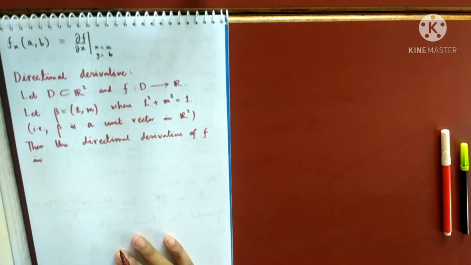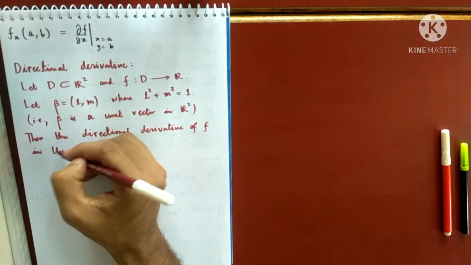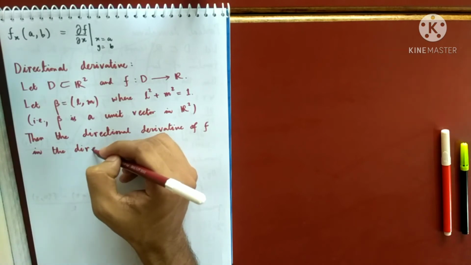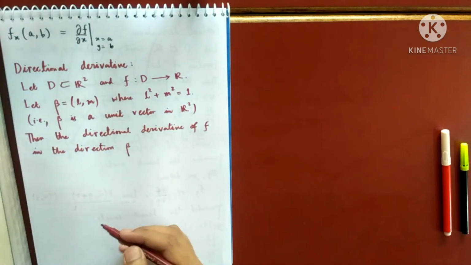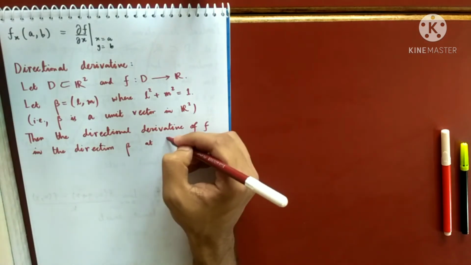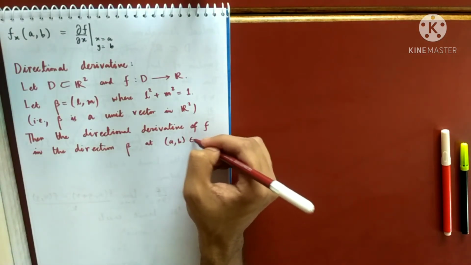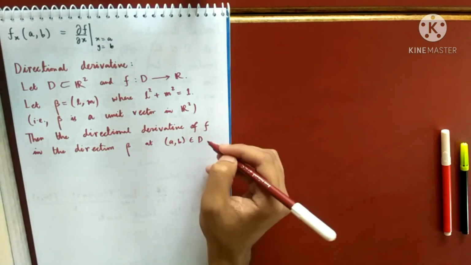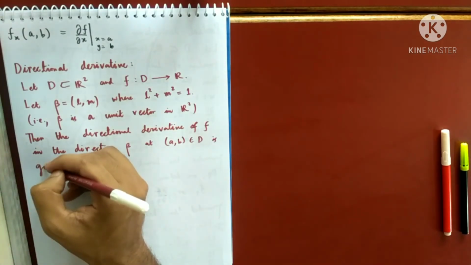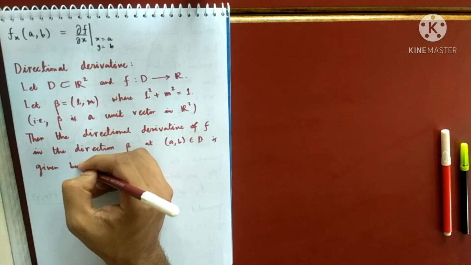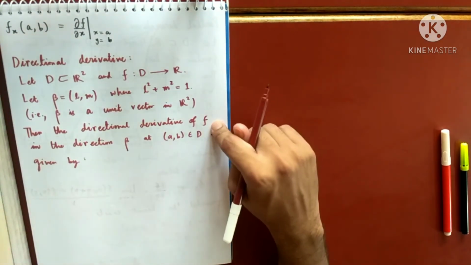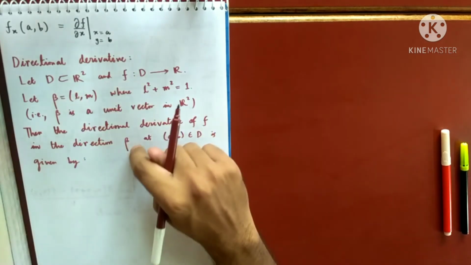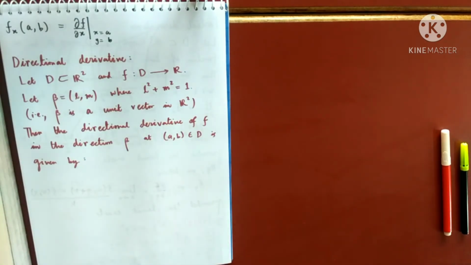In the direction beta, at the point a comma b belonging to the domain is given by. So I am finding the directional derivative of the function in the direction beta, and at the point a comma b.